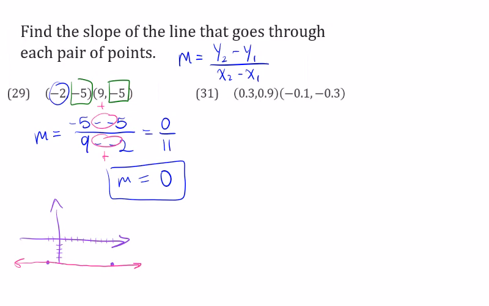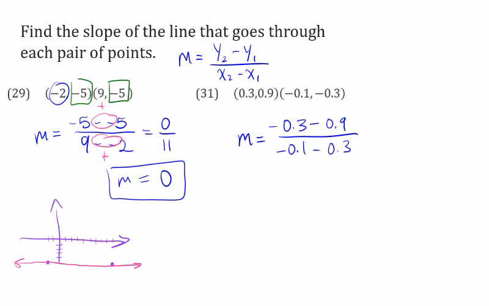All right, so the last one here, we have some decimals. No big deal, same idea, right? Slope is y2, negative 0.3, minus y1, which is 0.9, all over x2, negative 0.1, minus x1, which is 0.3.